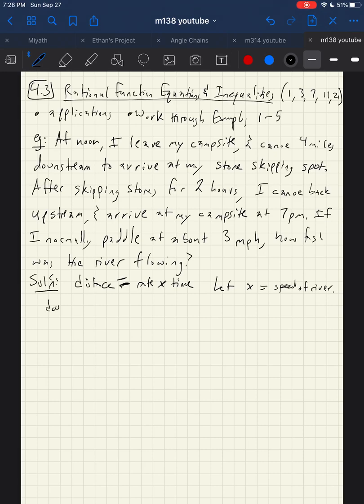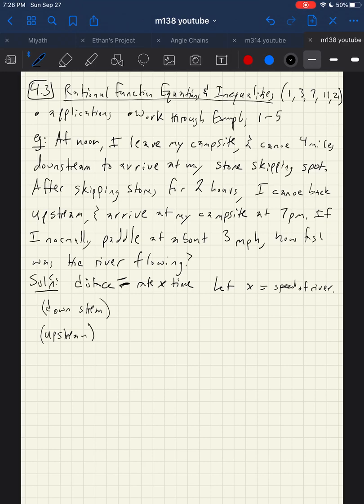Well, we've got two pieces of information. We've got the downstream piece of information, and then we've got the upstream piece of information. So let me write the downstream information, and then I'll give you a second to try to write the upstream information.